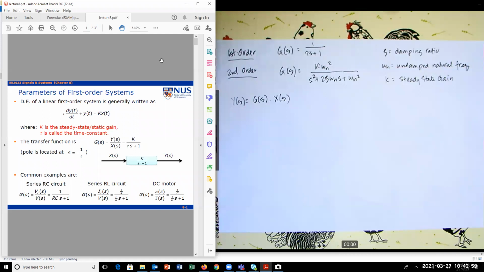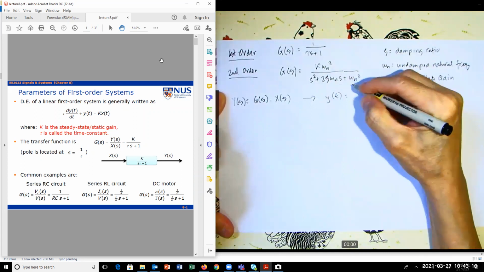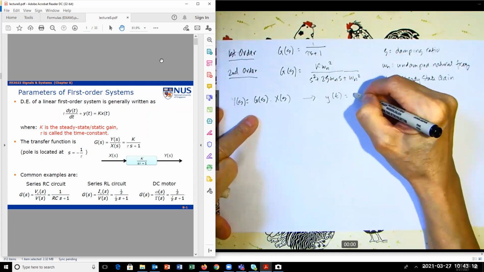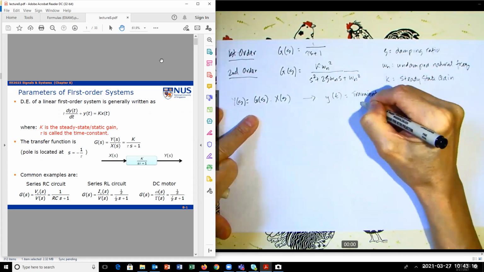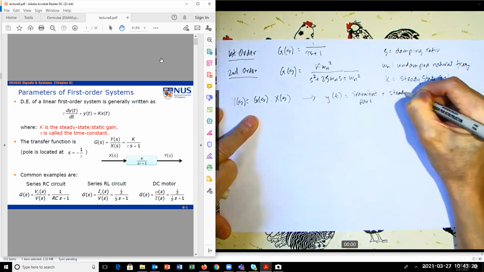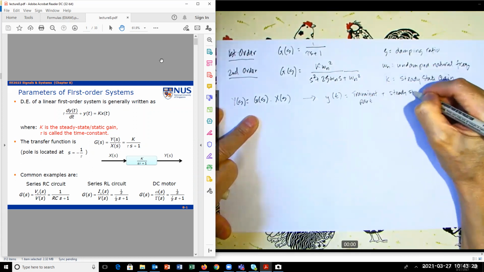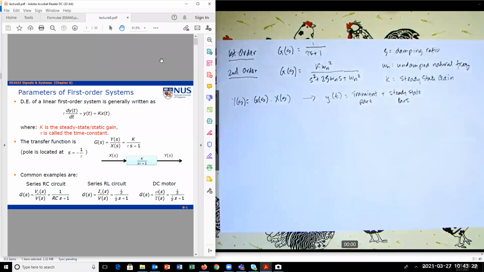We also said that the output leads to y(t), where we have a transient part and a steady state part. This we did in chapter 7.